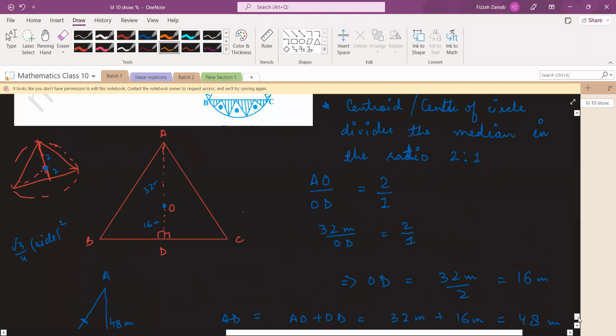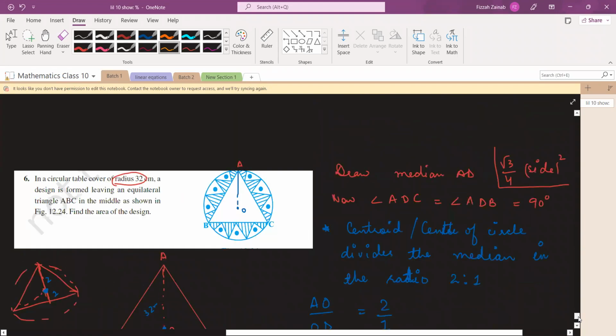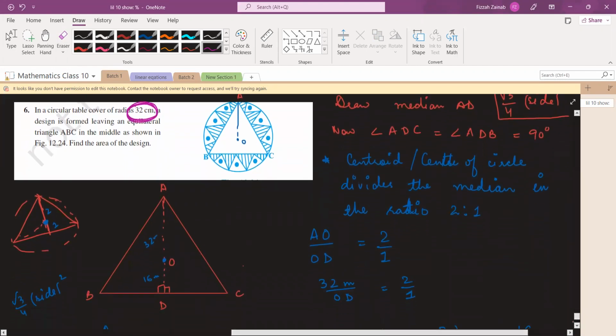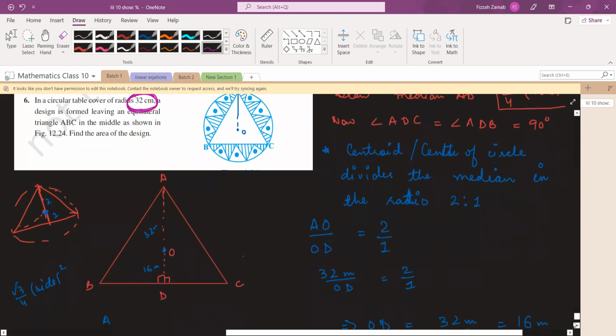I'm sorry. Everybody say yes or no. Yeah, okay, ma'am. See, radius was in centimeter, I just took it meter. Please make centimeter everywhere. Okay, ma'am.